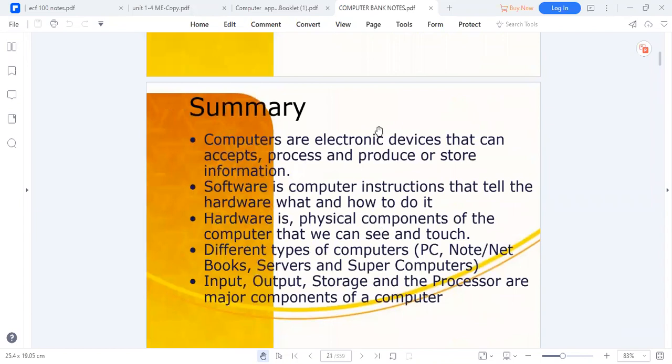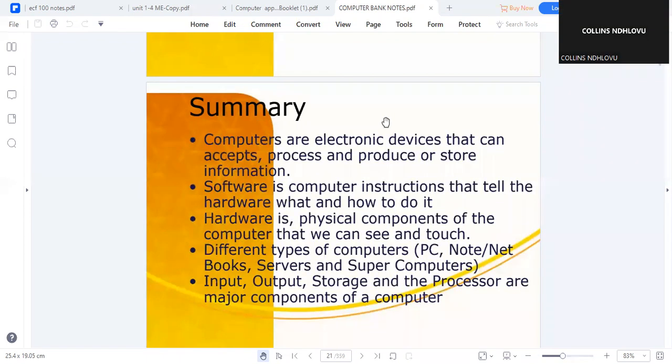In summary, computers are electronic devices that accept, process data, and also store information. The software part of the computer is the part that accepts instructions that tell the hardware how to navigate. The hardware part of the computer is the physical component that we can see, touch, and feel.